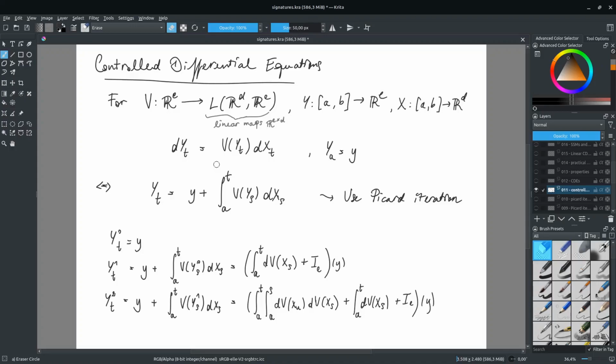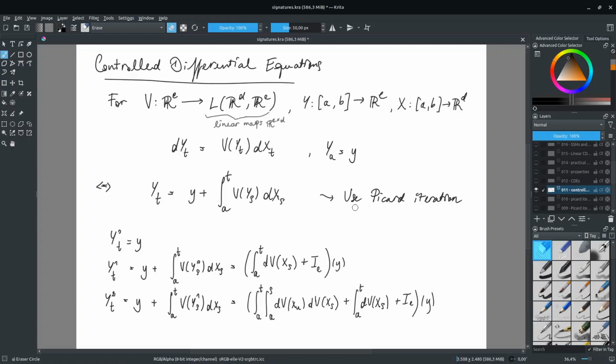So that checks out. This is a linear equation, but it's very general. We'll say that y is a solution of this equation if it satisfies the following equality on the bottom. So it's a fixed point of the map here, so y(t) is simply equal to y0 plus this integral, but here we've replaced it with a path integral instead.